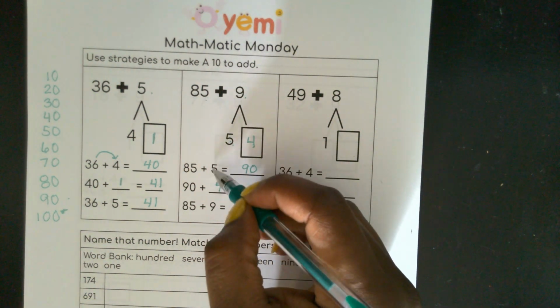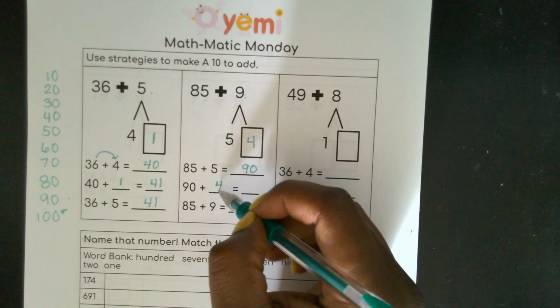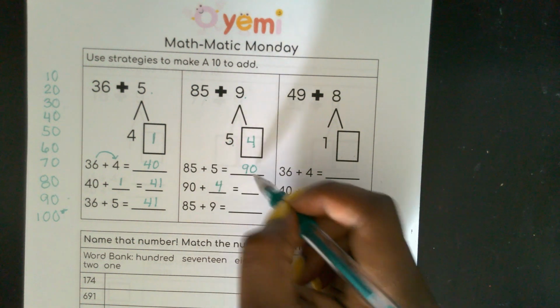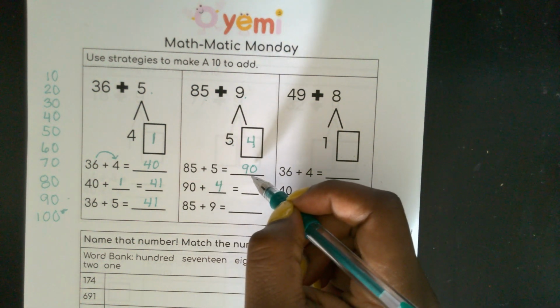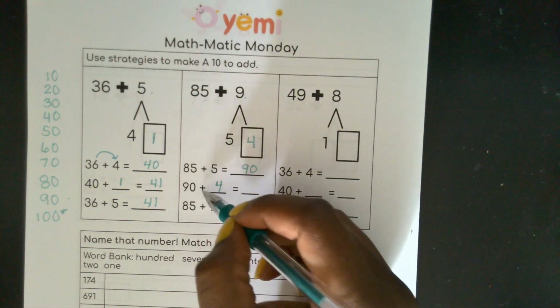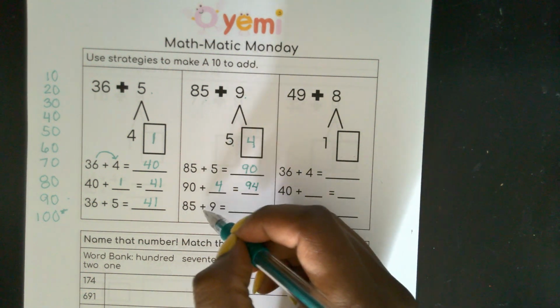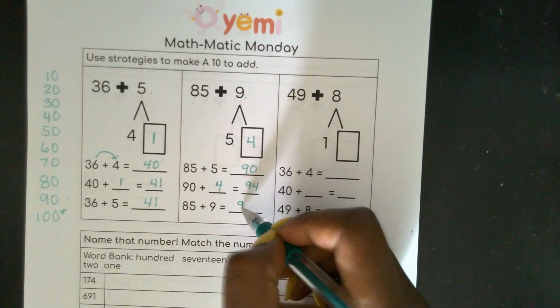See here, this is the 5 plus 4 that equals the 9. But mentally, I can make 10 if I know how to make 10. So here, 90 plus 4 is 94, which means 85 plus 9 is 94.